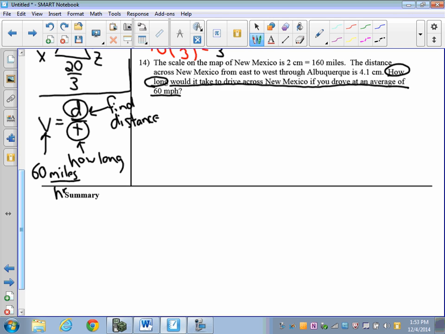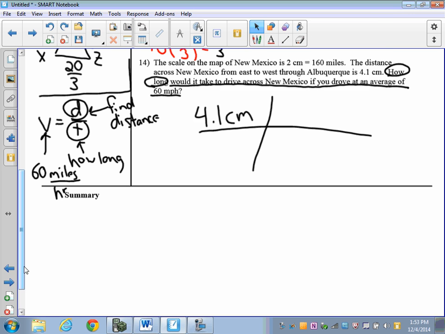So in order to find the distance, we're given 4.1 centimeters. And we are told that 2 centimeters is equal to 160 miles.